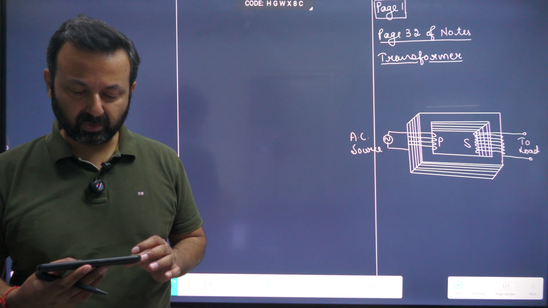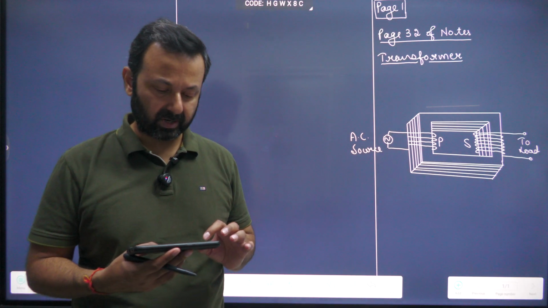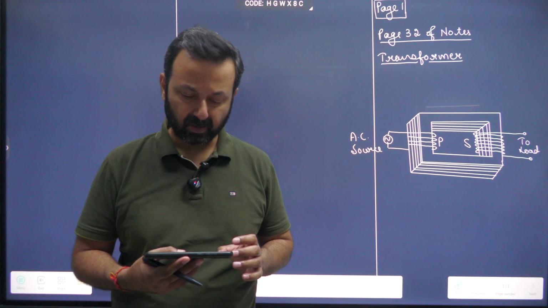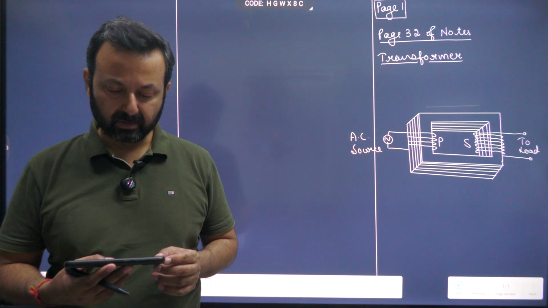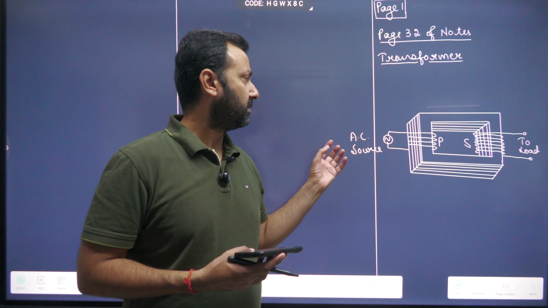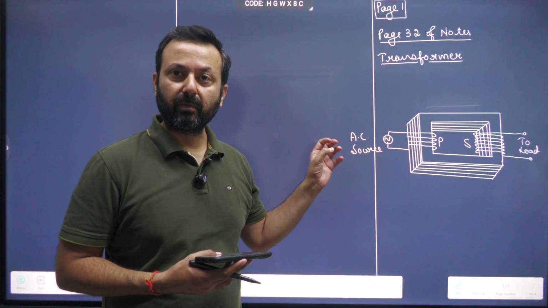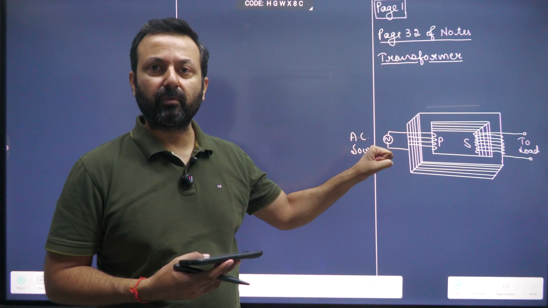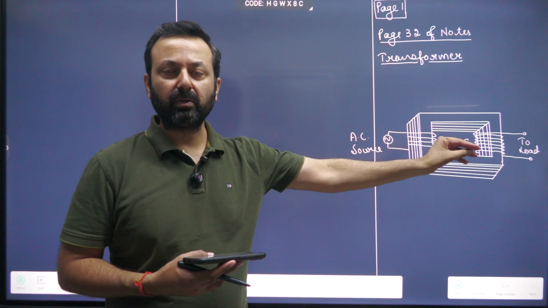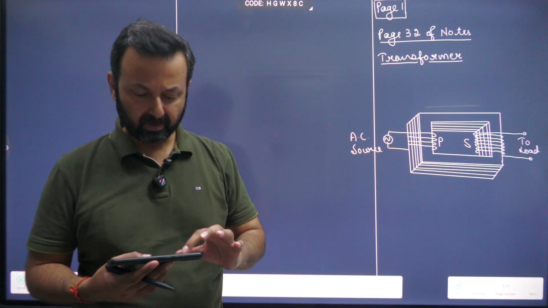The coil P to which electric energy is supplied is called the primary, and the coil from which energy is drawn or output is obtained is called the secondary. So the coil from which the input voltage is derived is called primary, and the coil which is connected to the load is called secondary.